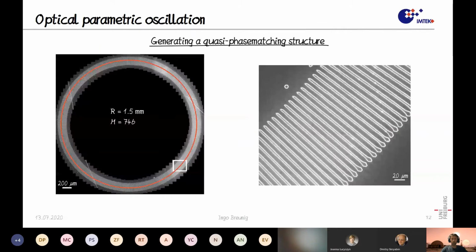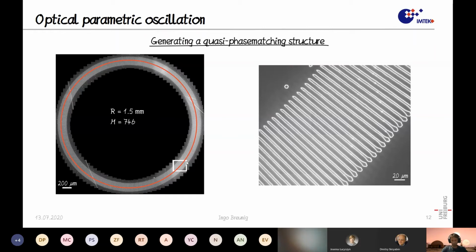Here you see a picture of such a radial structure. On the left side, you see the full ring, and in red, I have indicated the light path for the light propagation, where it should be, right? It has a radius of 1.5 micron, and we chose a structure with 746 inverted lines.